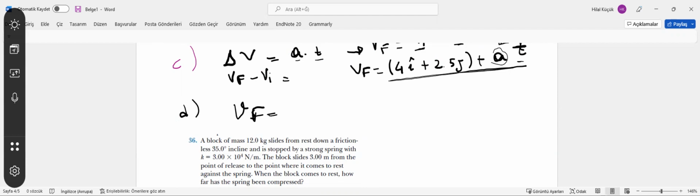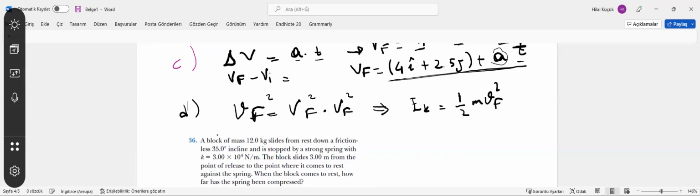I don't want to write too much, just VF multiply VF, square. And then you can calculate its kinetic energy, because it is asking what is the kinetic energy with that part.